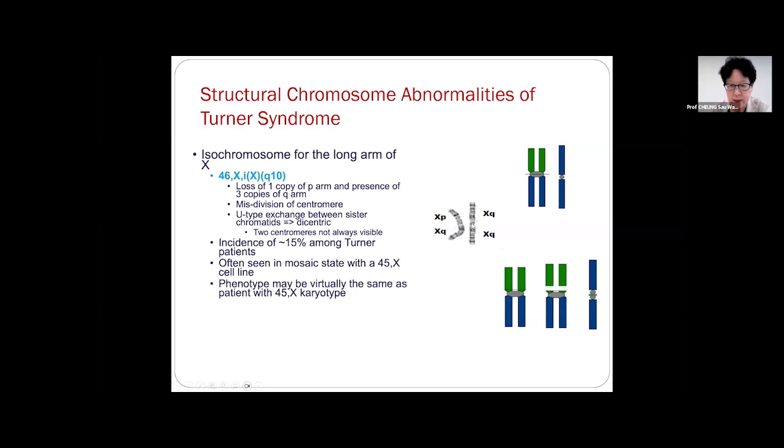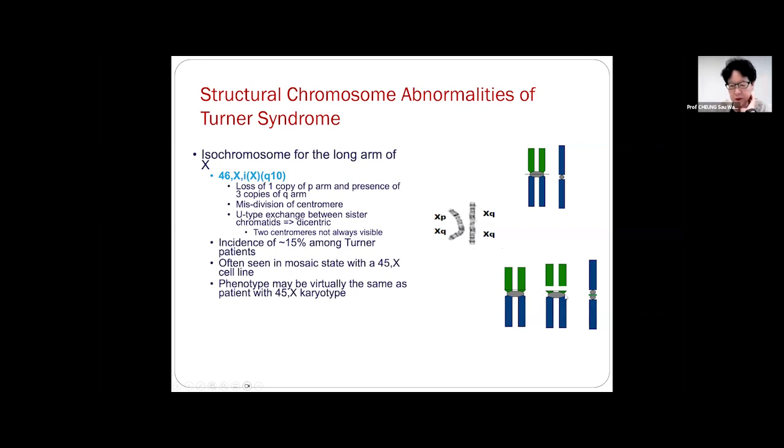And in here, you see that was the 2 long arm, a mirror image of 2 long arm and lack of the short arm. So this is the diagram, ideogram shows that there's a normal X chromosome, and because the abnormal centromeric division, this one get lost, and then you have 2, and therefore this is one kind of Turner syndrome.